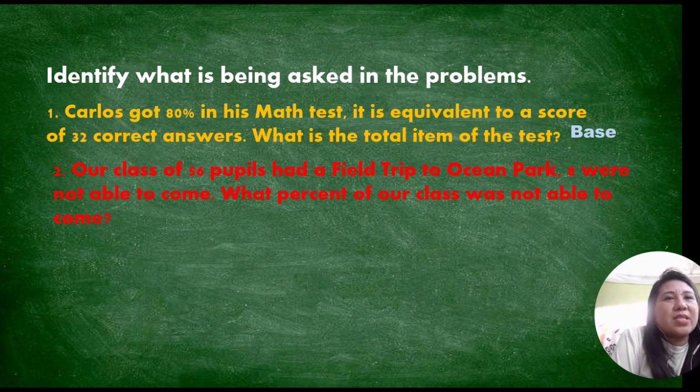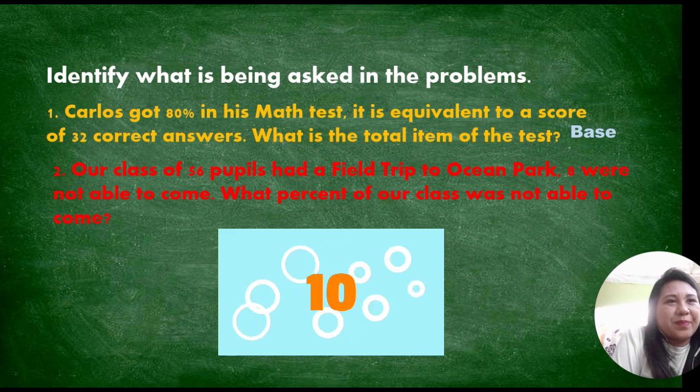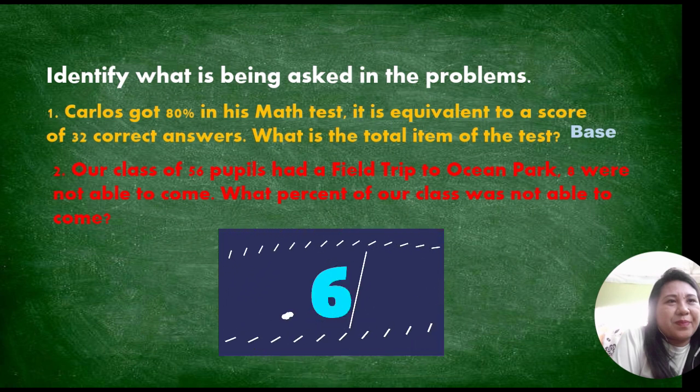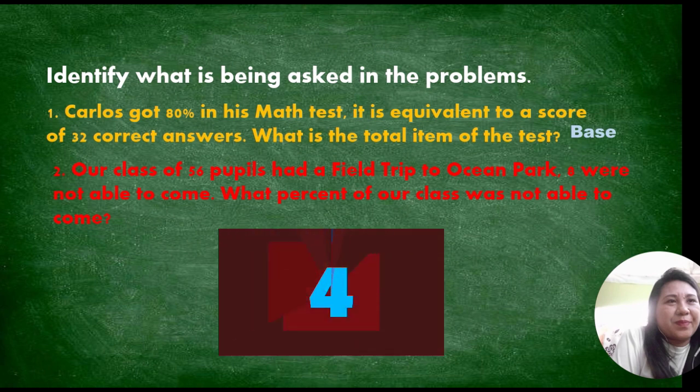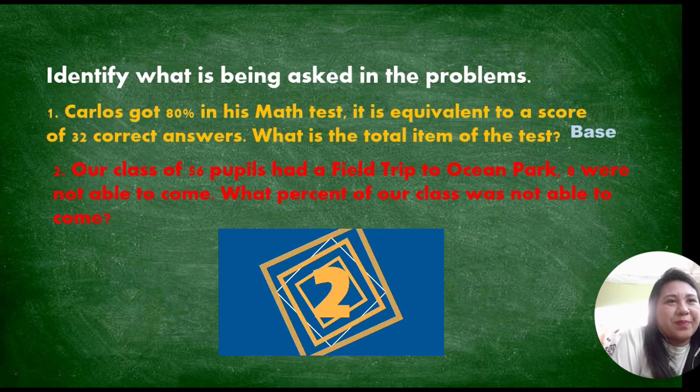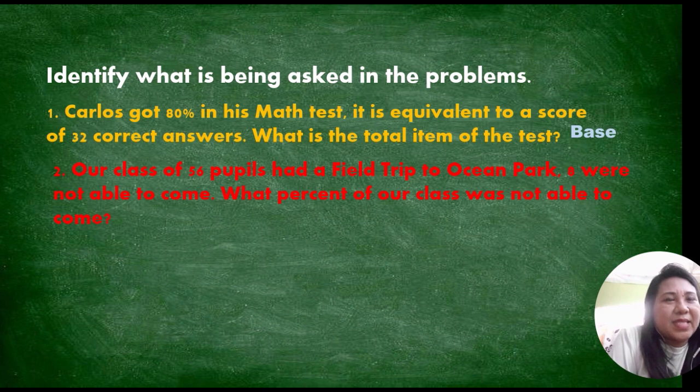Identify what is being asked in the problem. Let's see if you have a correct guess. Very good. So, what is being asked in problem number 2 is your rate.